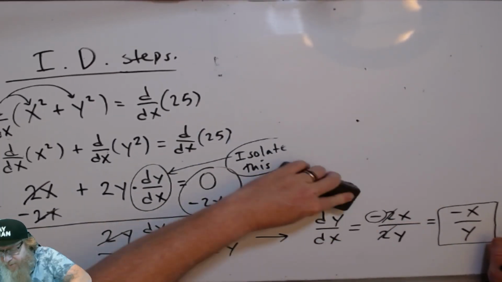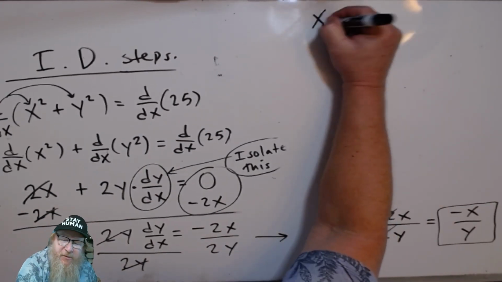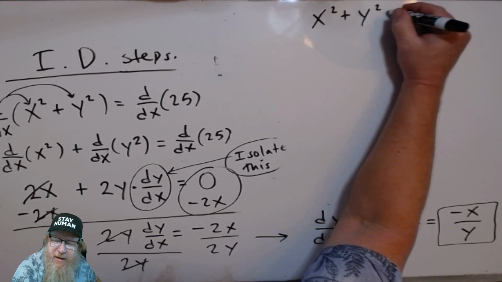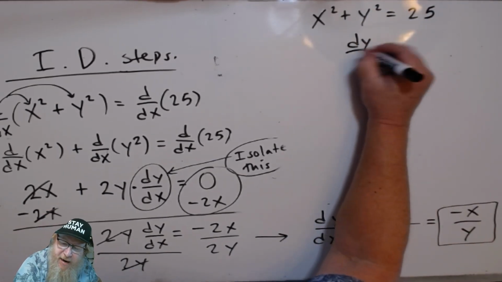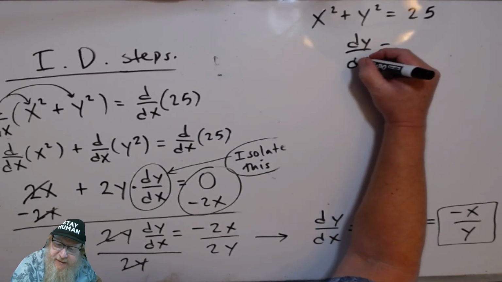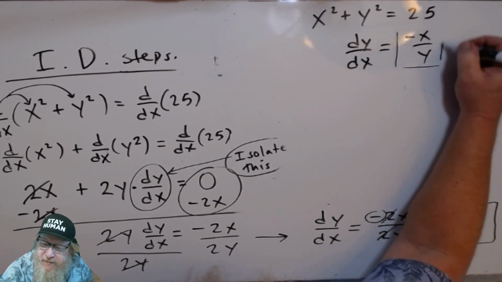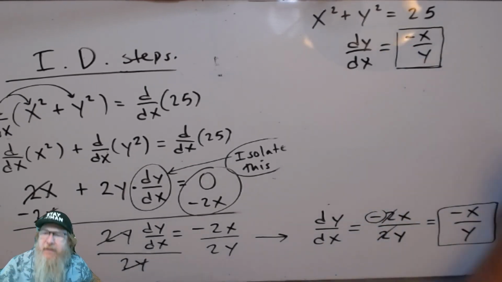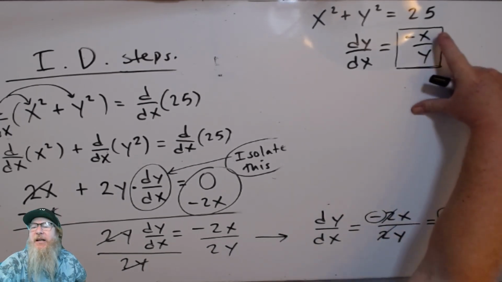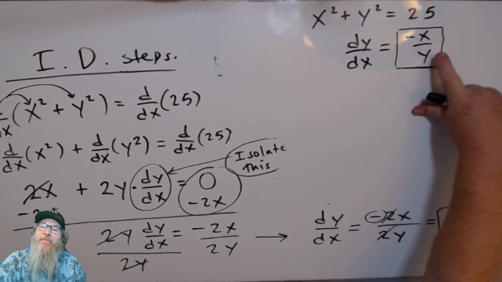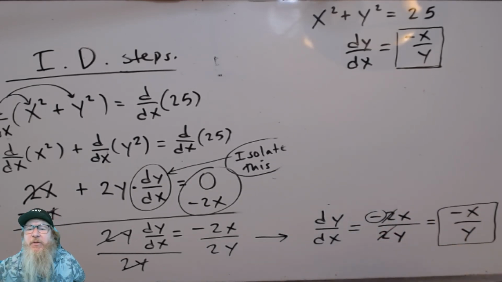So let's summarize what we have so far. We have x squared plus y squared equals 25. We have dy dx, now implicitly, is negative x over y. Notice why we call it an implicit derivative. It has two variables. An implicit derivative typically has both variables, x and y.